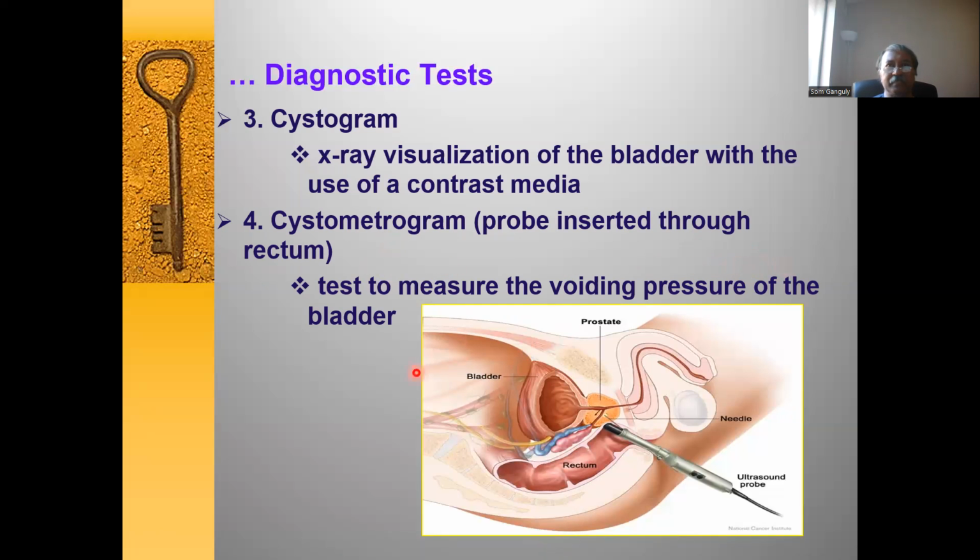Cystometrogram is this test that you are seeing, where they see how much this bladder can hold. So they fill the bladder with 500 cc's of irrigation, usually water, through the catheter, and then see the voiding pressure.